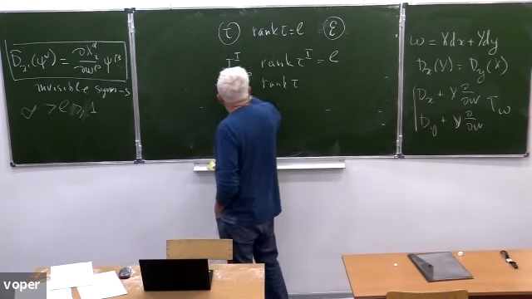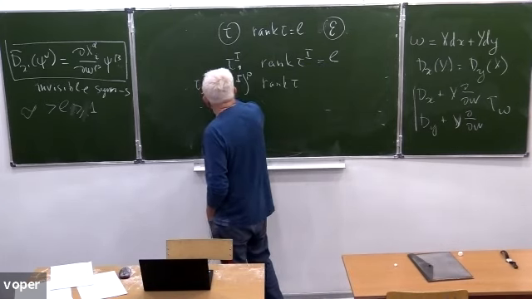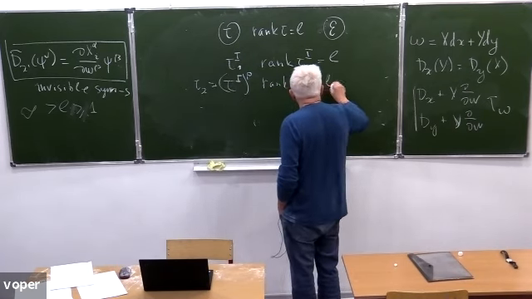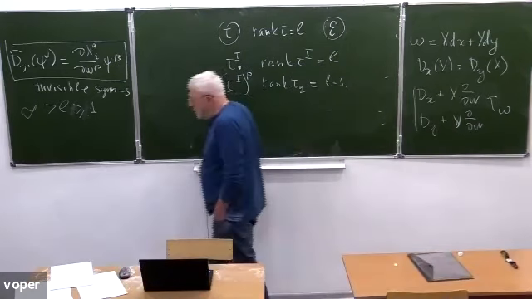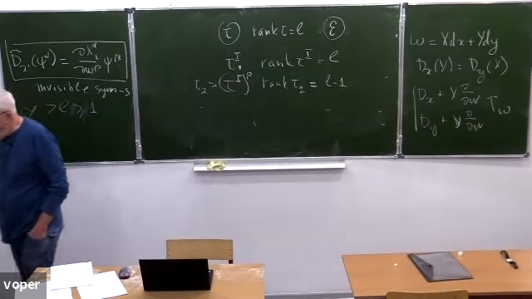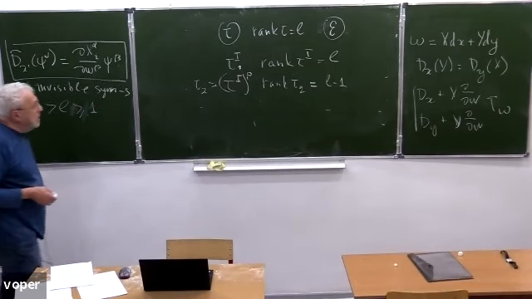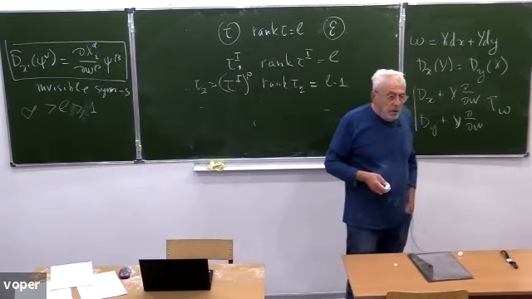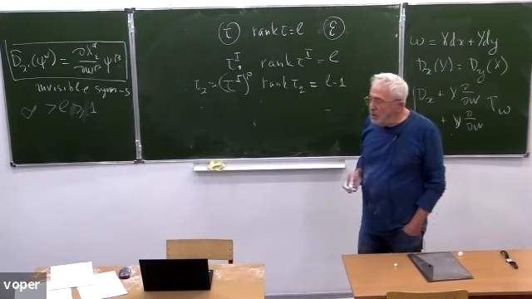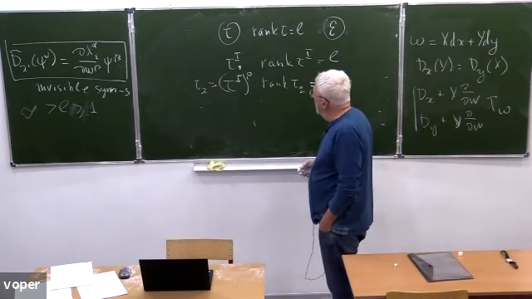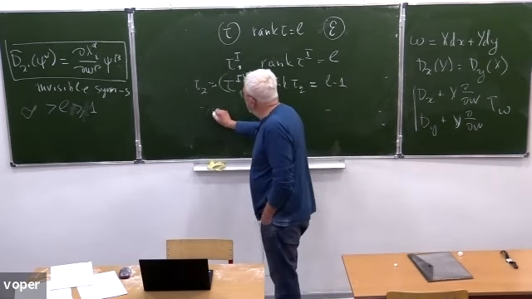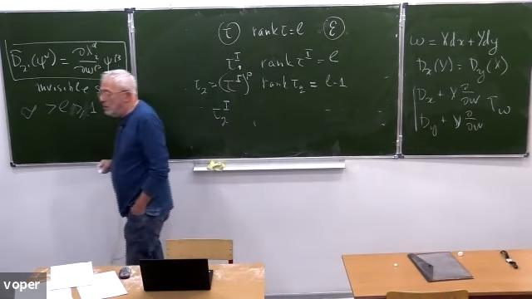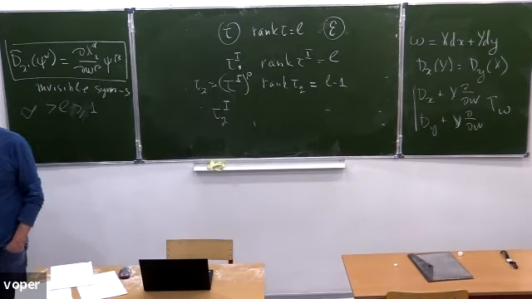Let this be tau-1, and this will be tau-2. We have two options. It is either not strictly abelian, then there exists a local conservation law, or it is strictly abelian. Then let us take its linearization. It will be reducible.